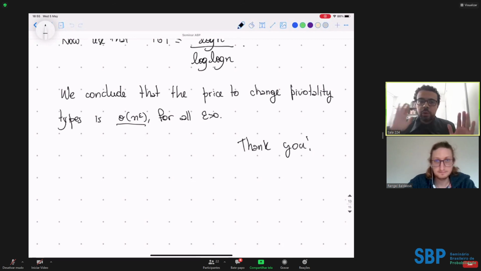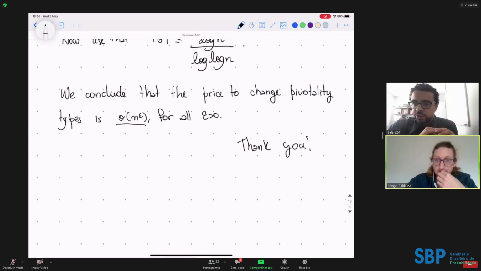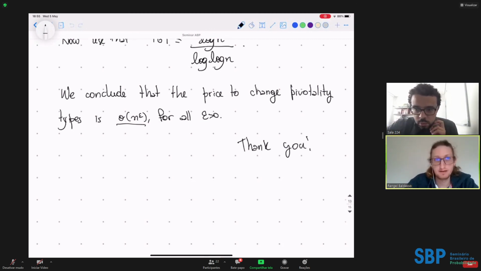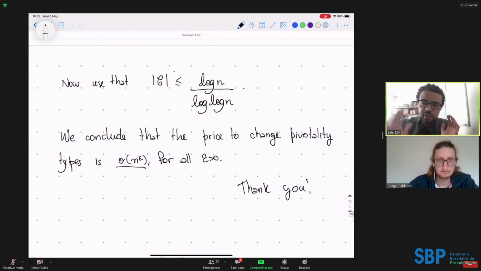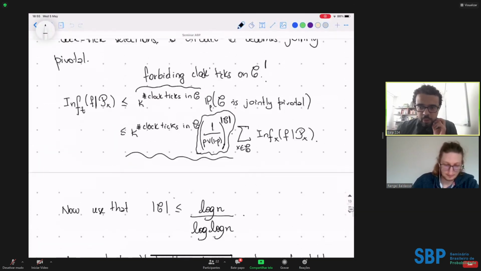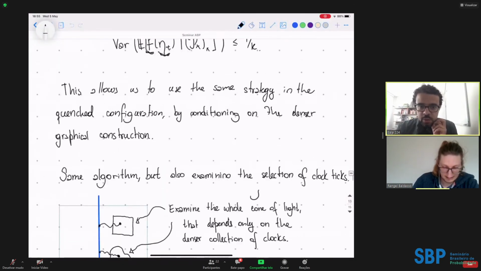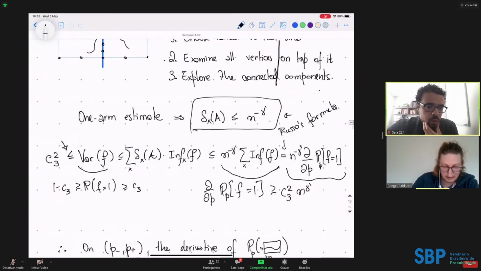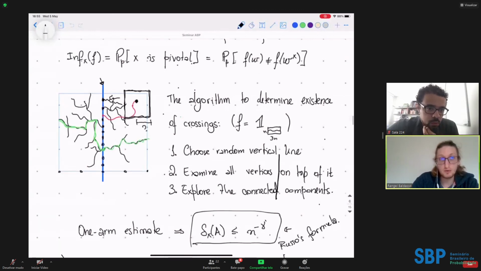Rangel, in your randomized algorithm, how do you choose the random line in the first place? You choose it uniformly at random among all the vertical lines. And why is it important that this line is random instead of being just the center line? That's important because, as I said, if the vertex you are observing is far away from the line, you can prove that it has low revealment via one-arm estimates.